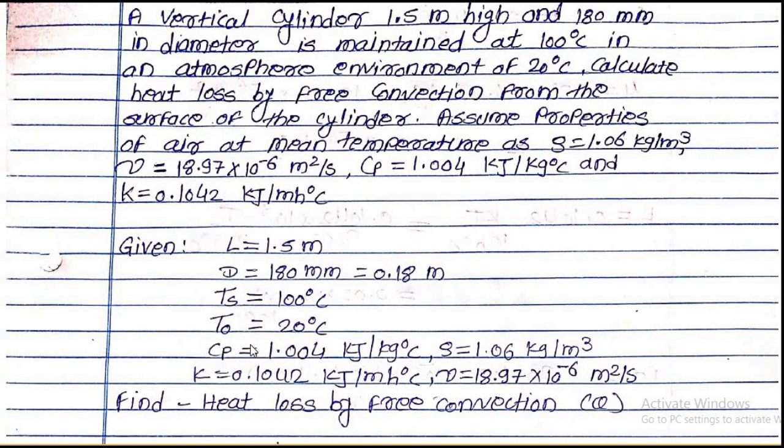The air properties are Cp 1.004 kilojoule per kg degree Celsius, density 1.06 kg per meter cube, thermal conductivity K equal to 0.1042 kilojoule per meter hour degree Celsius, and kinematic viscosity nu equal to 18.97 into 10 raised to minus 6 meter square per second. Here we have to find the heat loss by free convection, that is Q.